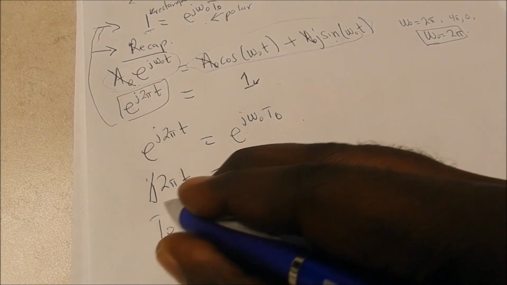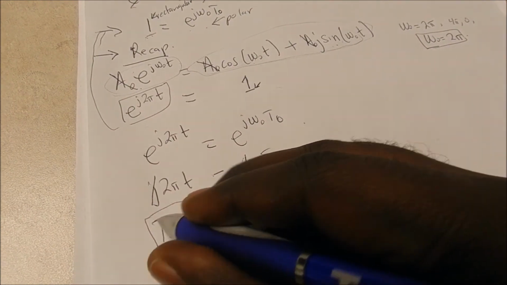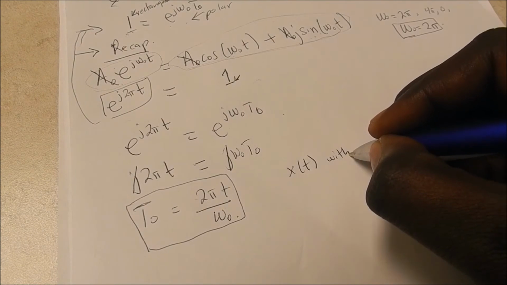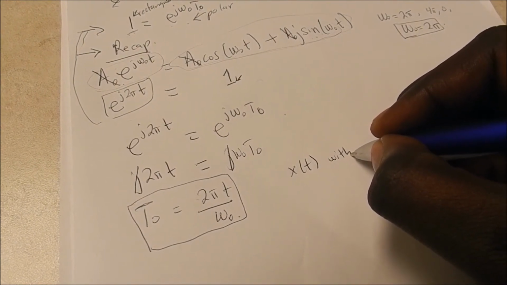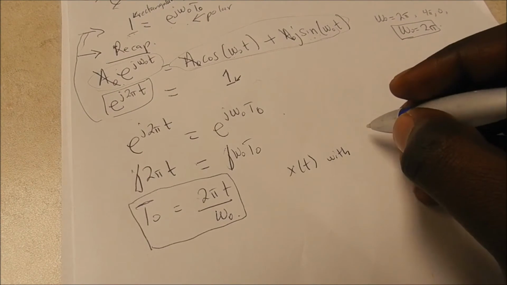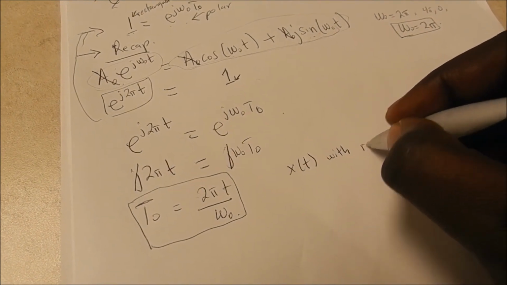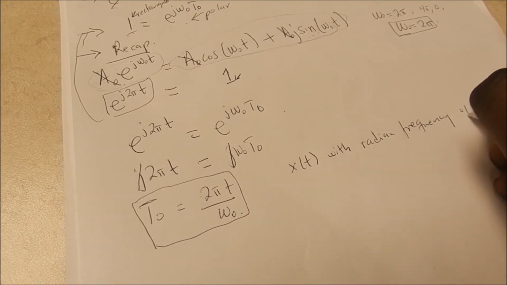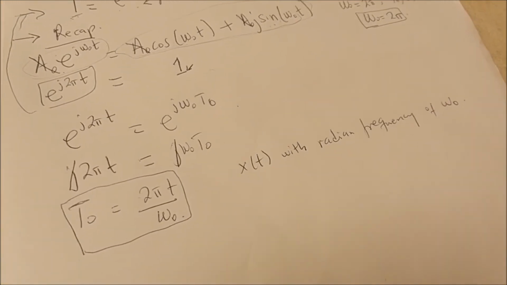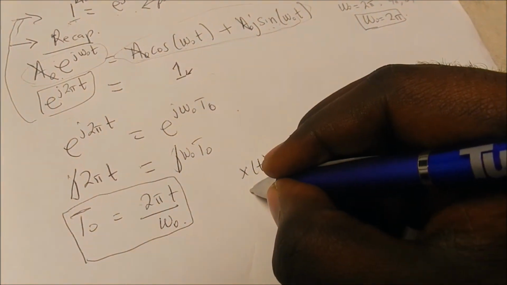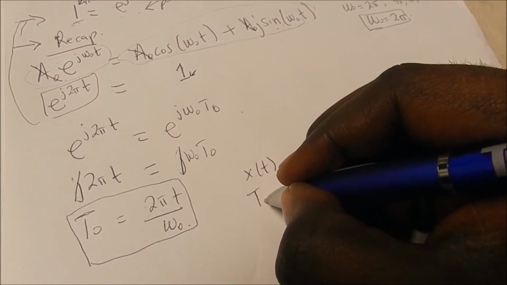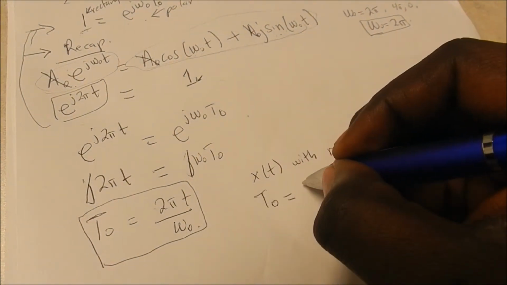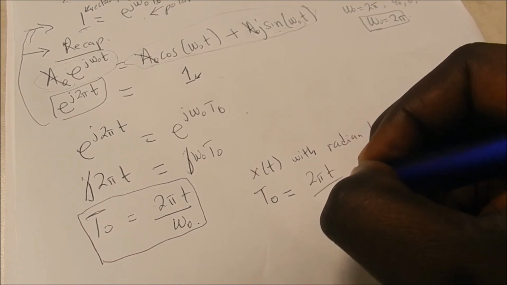So for any periodic signal x of t with the radian frequency of omega naught, the fundamental period will be equal to 2 pi t over omega naught.